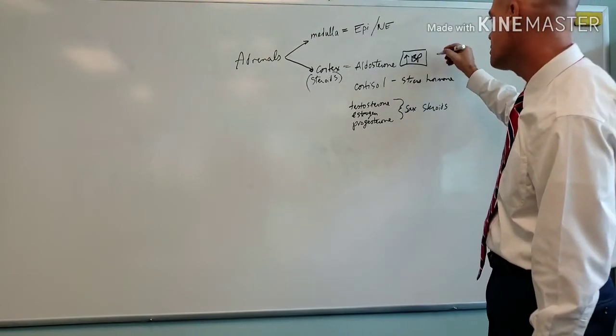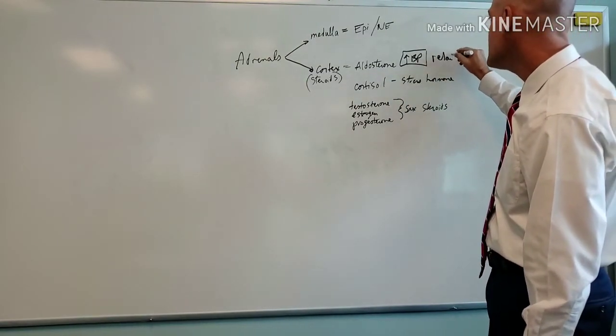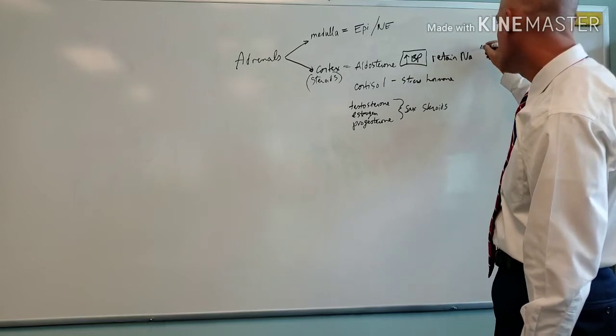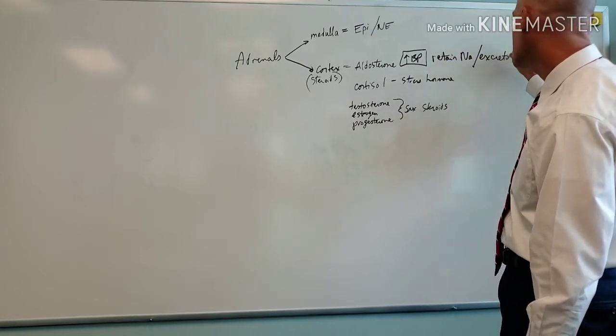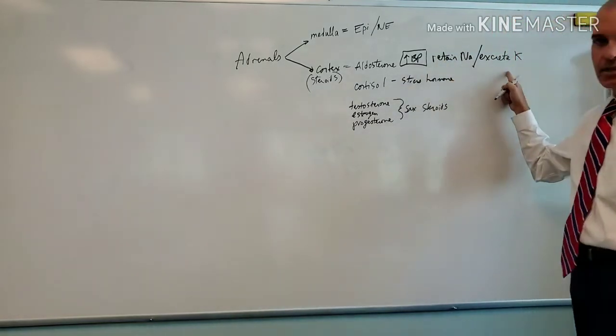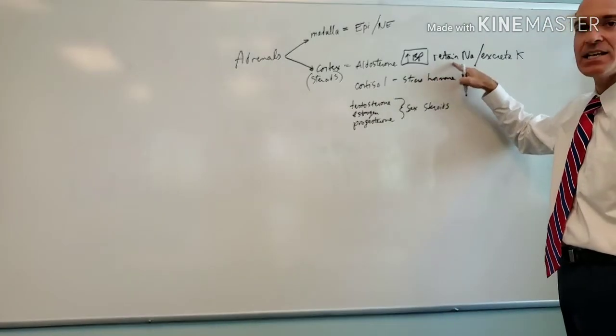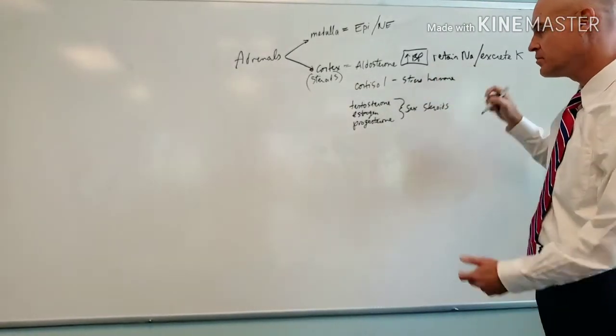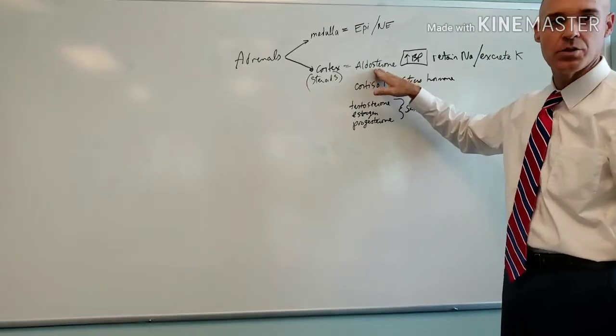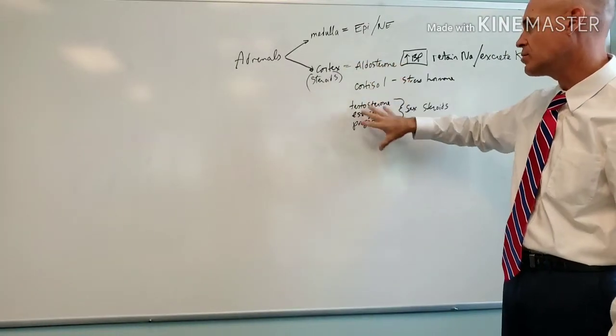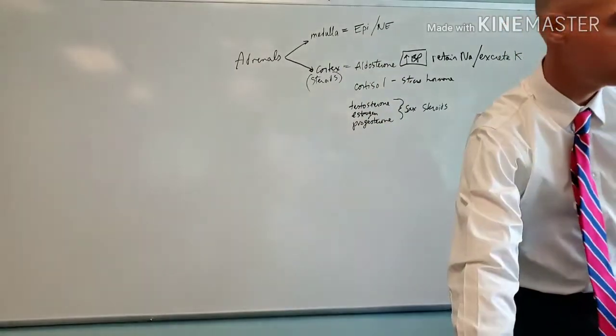It raises blood pressure by retaining sodium and excreting potassium. So that's aldosterone's function, retaining sodium, excreting potassium. Again, also a steroid. So that's what we find in the adrenal cortex.